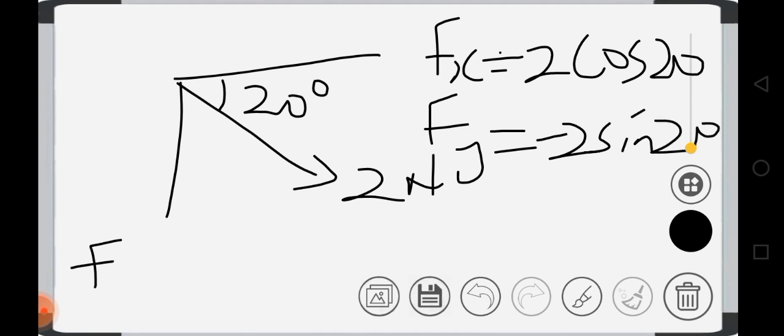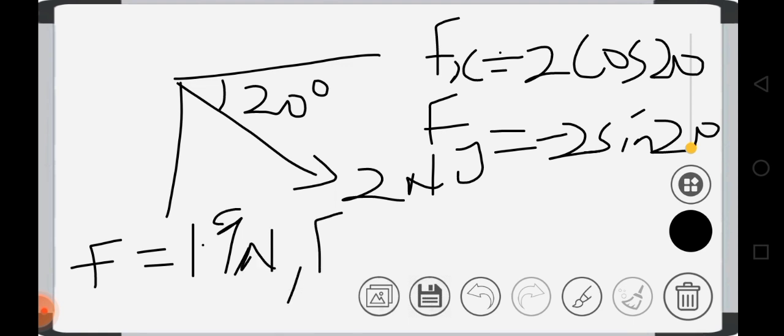So F of x, if you do it, 2 cos 20 is approximately 1.9. Then F of y is minus 2 sin 20. 2 sin 20 is approximately 0.7.